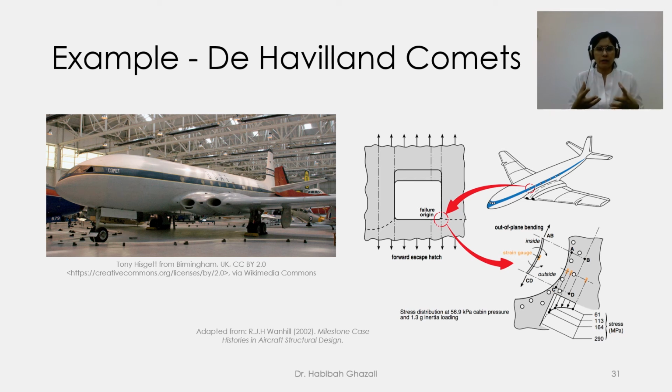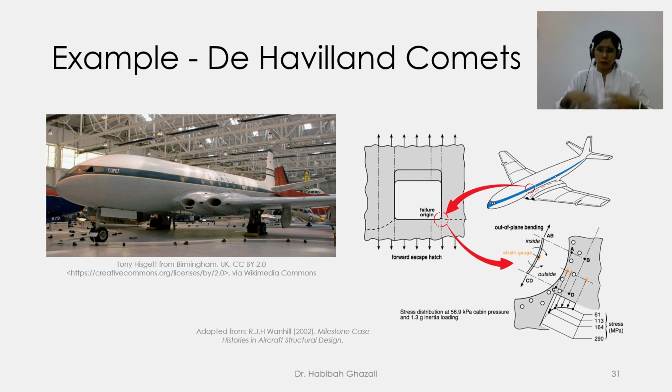The pressurization of the cabin resulted in stress in the metal skin of the aircraft, and the cycle of cabin pressurization and depressurization during each flight resulted in small cracks at the square corner of the passenger window.